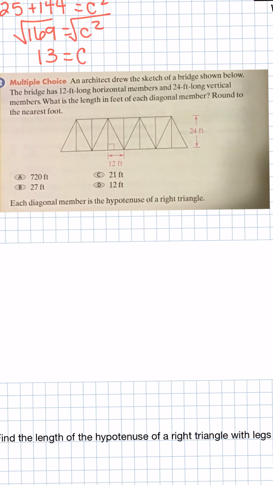Let's take a look at this question here. An architect drew the sketch of a bridge shown below. The bridge has 12-foot long horizontal members and 24-foot long vertical members. What is the length in feet of each diagonal member, rounded to the nearest foot? So if we know that this one is 24 and this is 12, and we want to know what this is, we plug it in.